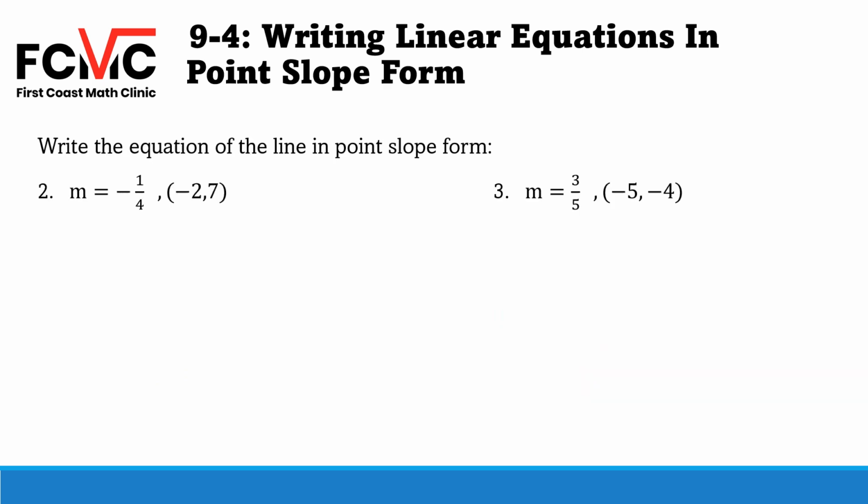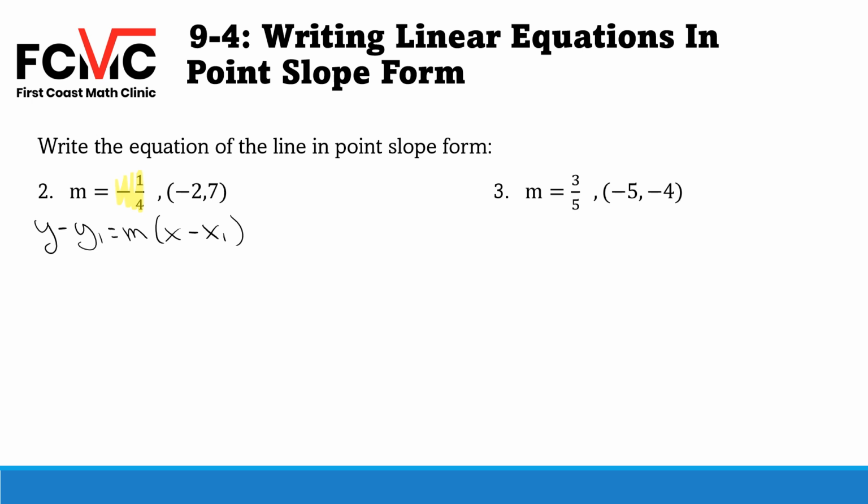All right, so for number 2, we've got a slope of negative 1/4, and our point is negative 2, 7. And we remember our equation in point-slope form is y minus y1 equals m times x minus x1. So let's substitute our values in.